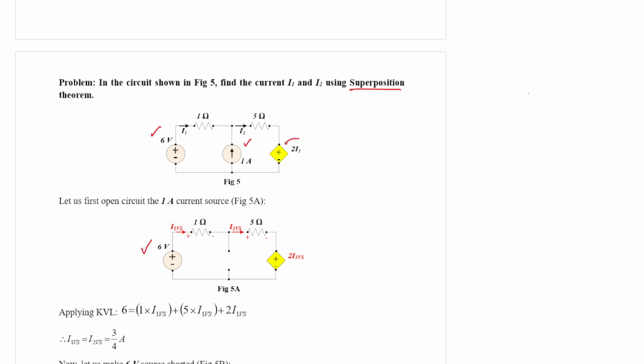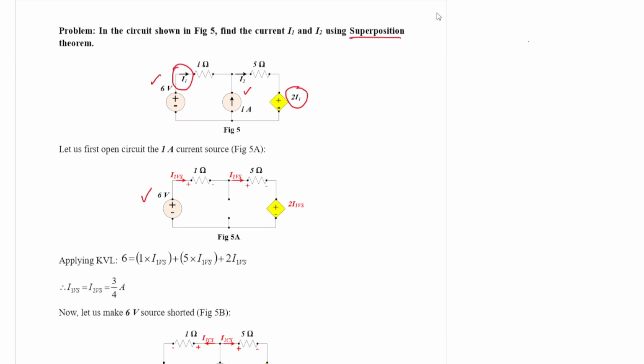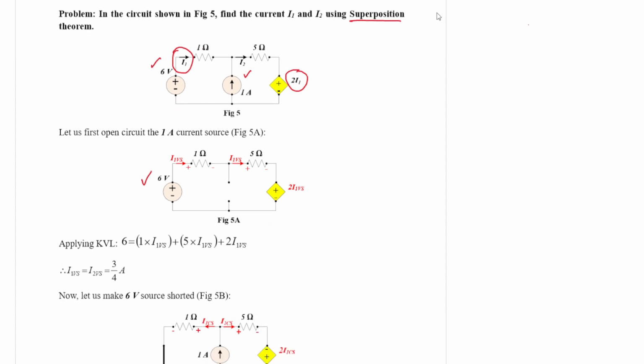The magnitude of the dependent source is 2I1, where I1 is the current flowing through this 1 ohm resistance. So whatever current flows through the 1 ohm resistance, twice that will be the magnitude of this voltage source.